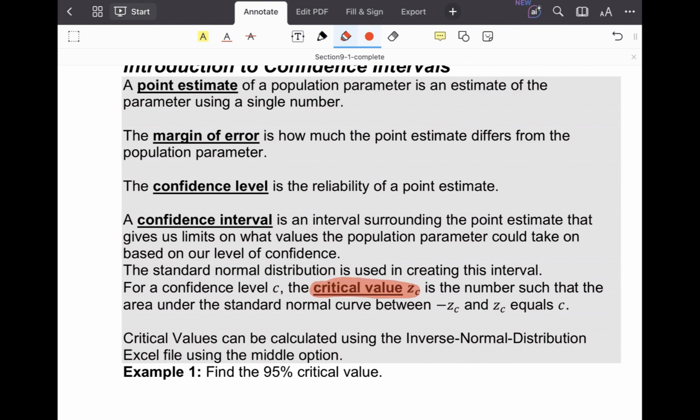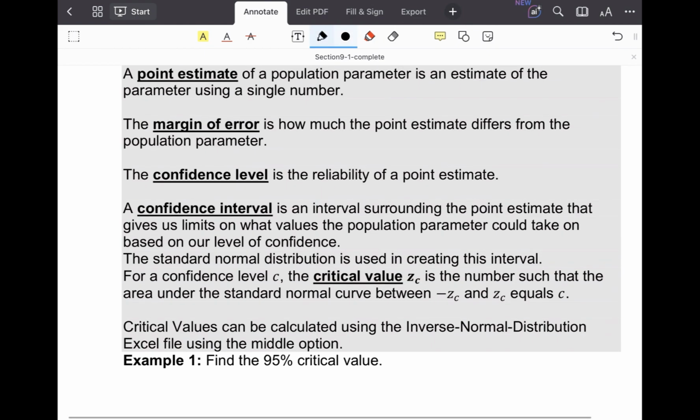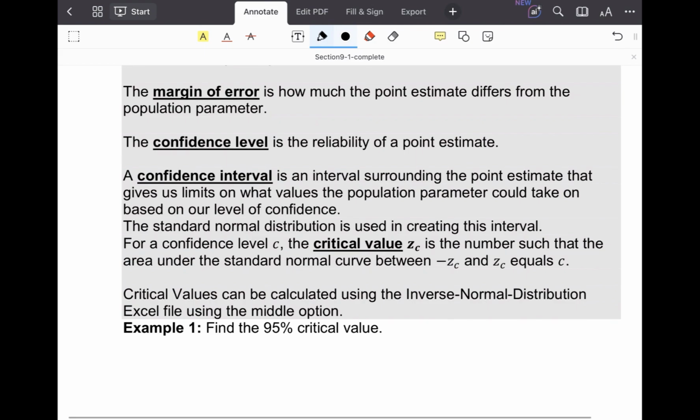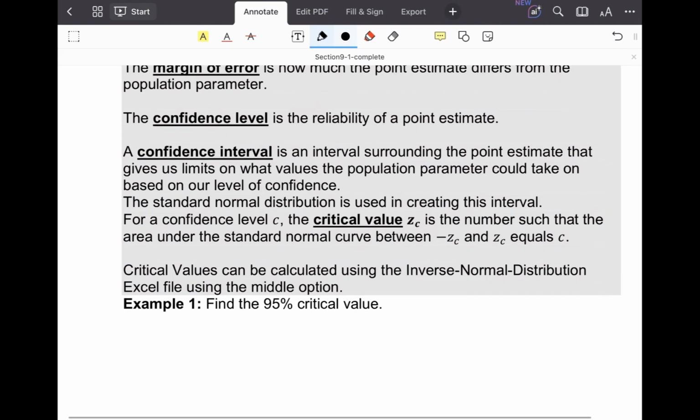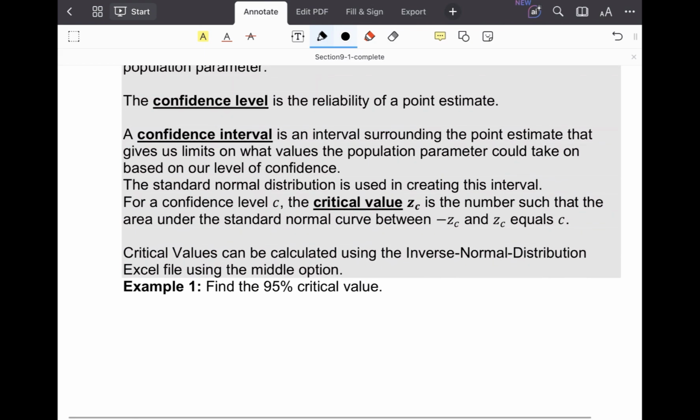It would use a lookup table either way, so there's not really an easy way to get the critical value. It's so embedded in technology that I have my students just use the technology.